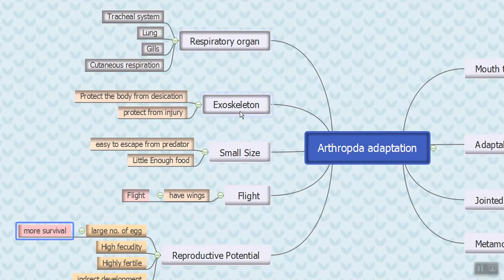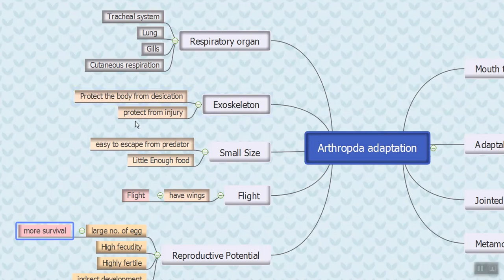Next one, exoskeleton. All of these animals have an exoskeleton, and this helps to protect from desiccation, drying from the sun, and also prevents excessive loss of water from the body.